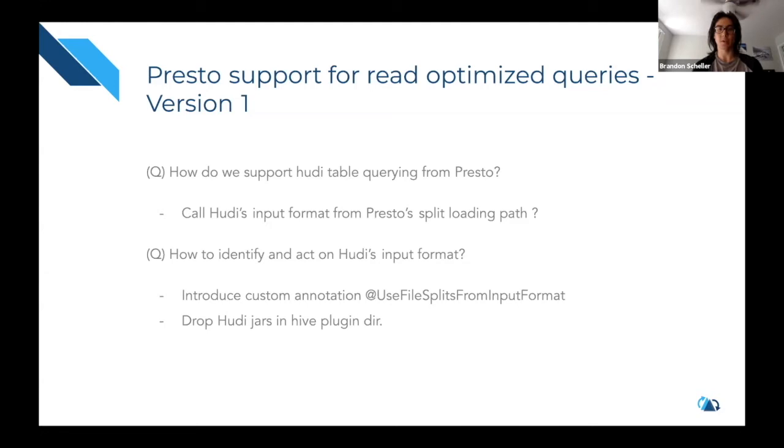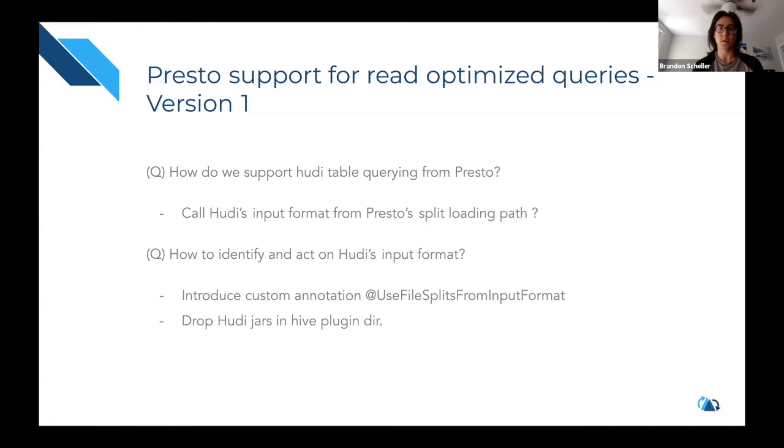Presto's split loader needed to call getSplits on this Hoodie input format, or else it would read all the Parquet data in the table path and not only the latest file versions. As Hoodie keeps multiple versions of Parquet files, this could result in duplicate data. The Hoodie community recognized this, and based on Presto community suggestions, opened a PR to make this work way back in 2017.